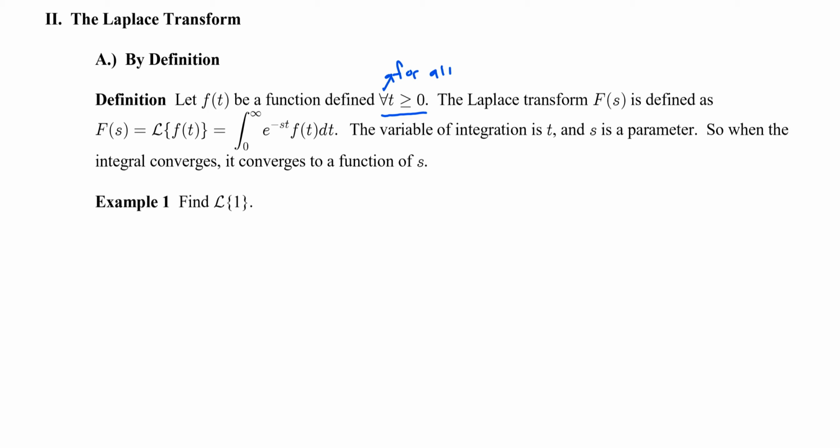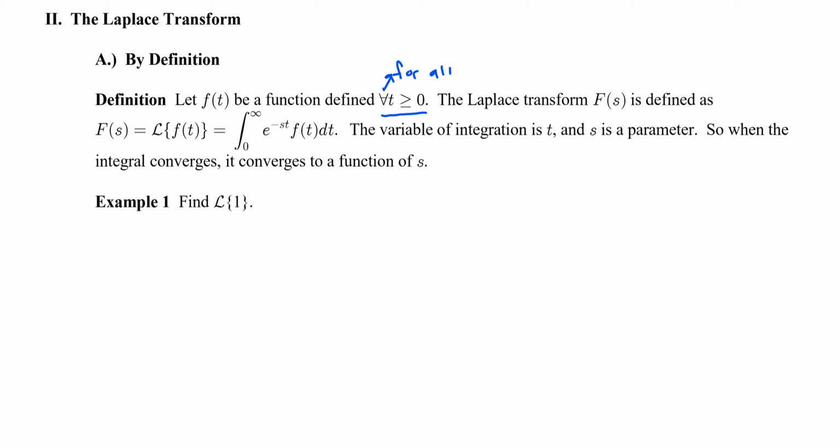The Laplace transform, big F of s, notice we went from little f of t to big F. When you go from little f to big F, that indicates an integral has occurred. Also notice the argument here is t, the argument here is s. So we're going from one variable to another.